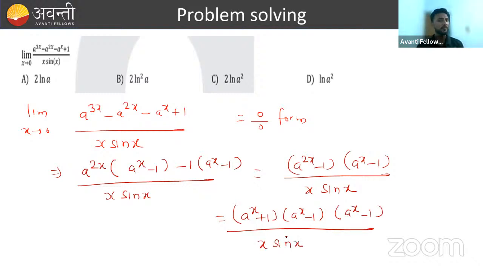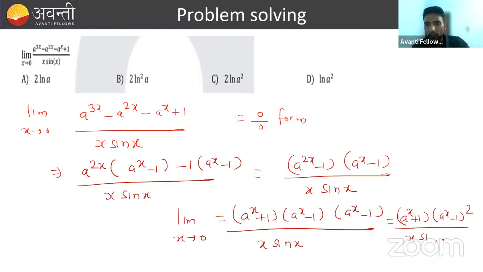Like this we can write. And we have limit x tending to 0, a to the power x plus 1 and then a to the power x minus 1 whole square divided by x sin x. So this is the format that you have got.